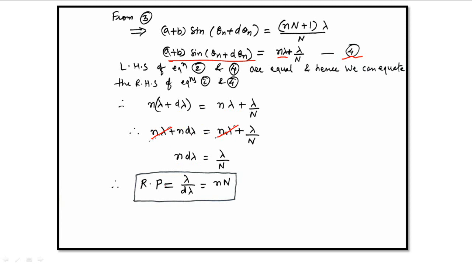Now writing this equation in terms of resolving power, the resolving power of grating is defined as the ratio of lambda divided by d lambda, where d lambda is the difference between the wavelength, which is lambda, and lambda plus d lambda.